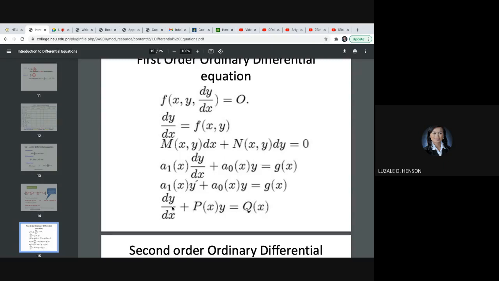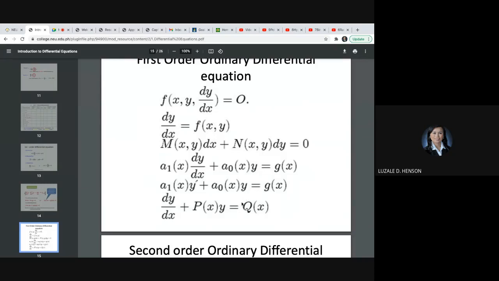Pero actually class, sa ngayon wala pa kayong idea what FOLDE is, standard form of a FOLDE. But when we discuss FOLDE, you would say na this one is already the standard form of FOLDE. Standard form ito ng FOLDE class. Pero pag Bernoulli yan, may y to the n dito sa taas.